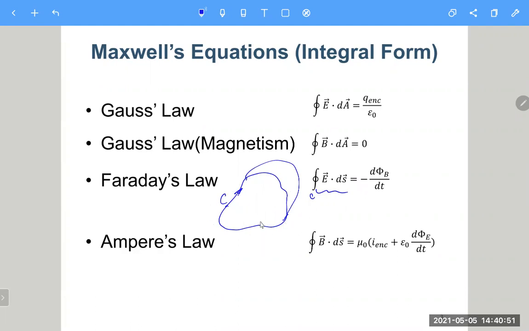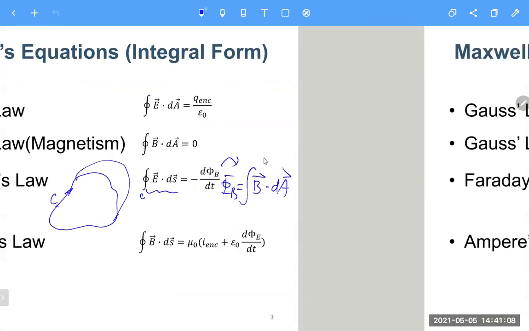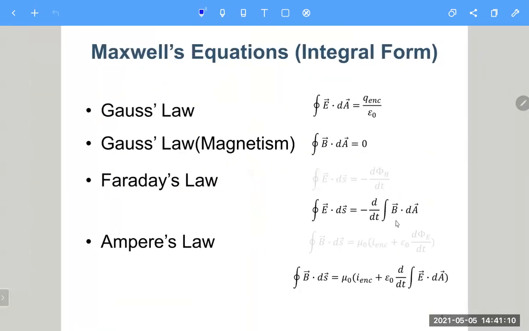Generally, this phi B can be written as the surface integral of B dot dA, and this A is bounded by this curve. The electric flux can also be written as the surface integral of the electric field.